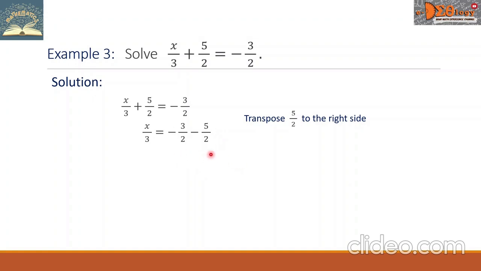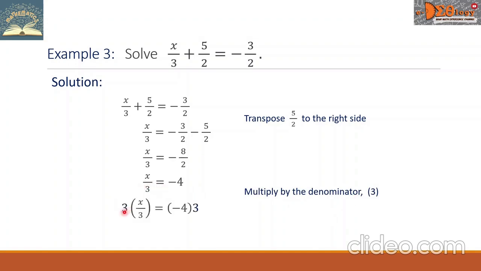We can see that we have here like fractions. That means we can operate on the numerators immediately. So negative 3 minus 5, we have negative 8 over 2. Then we simplify the quotient of the right side as negative 4. From here, we multiply this equation by the denominator, which is 3.